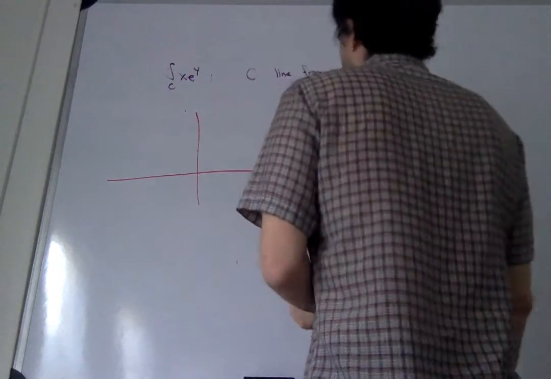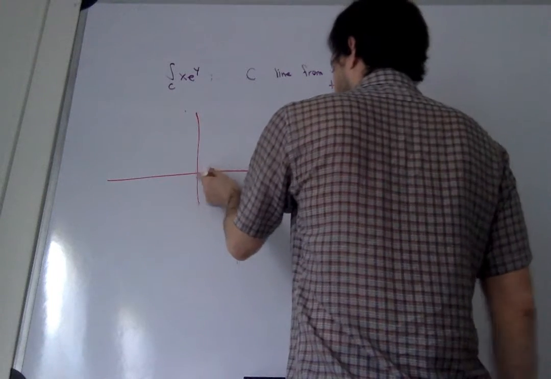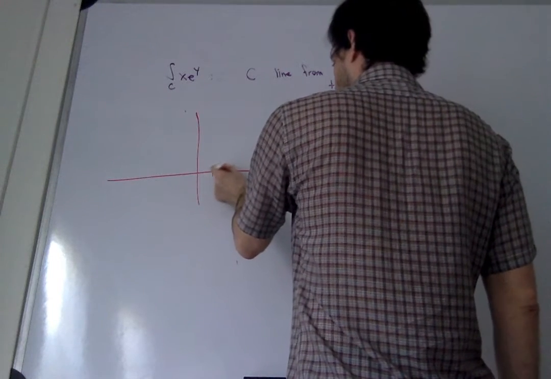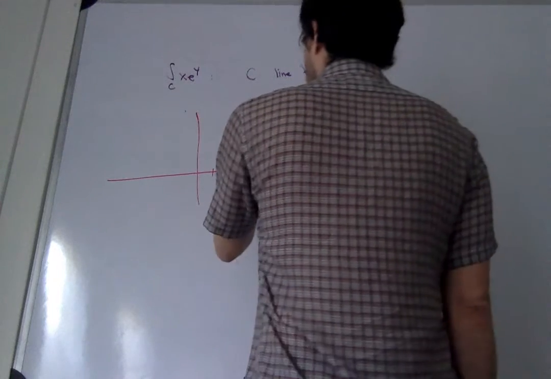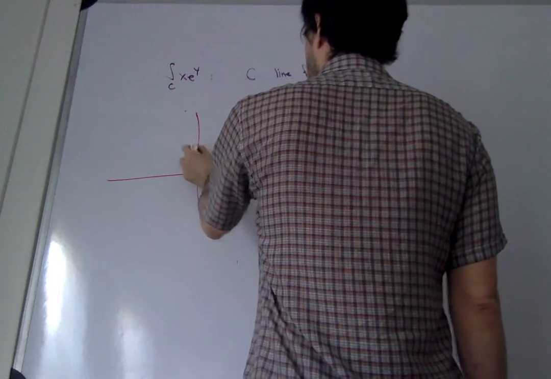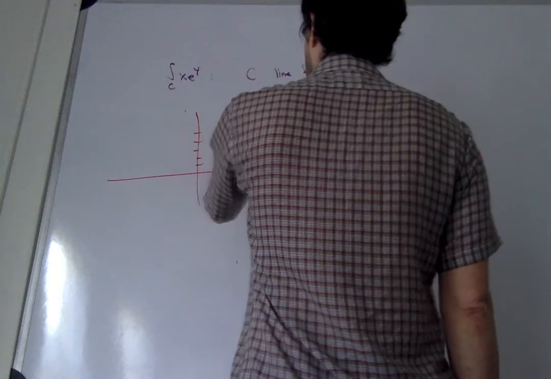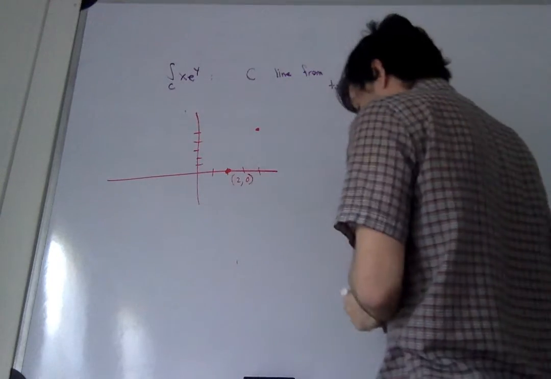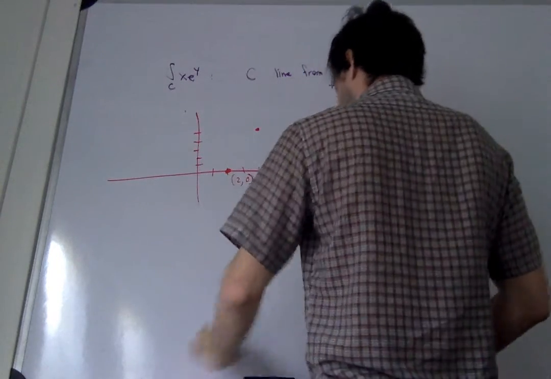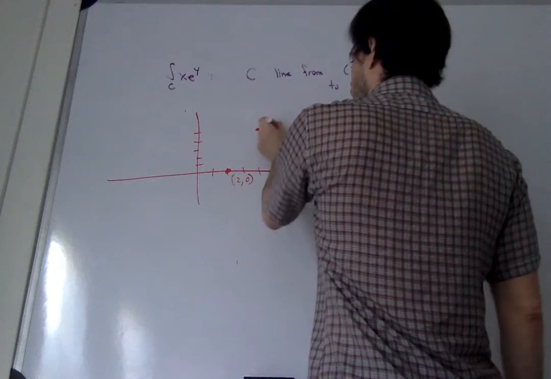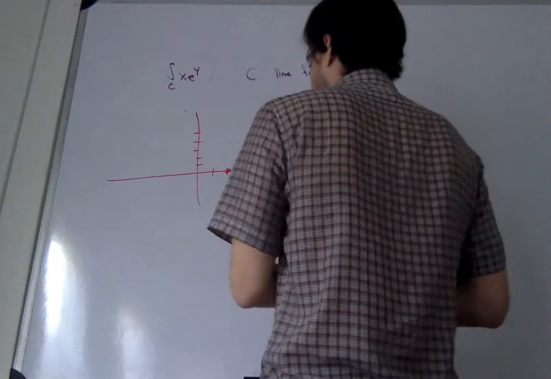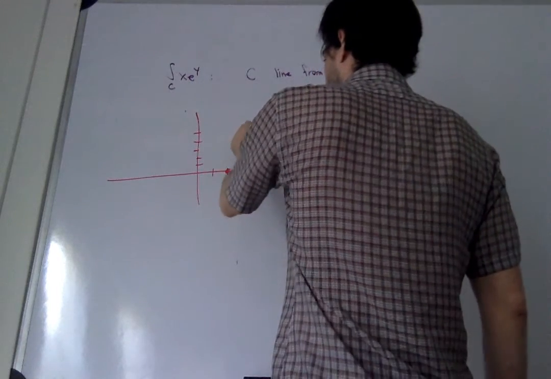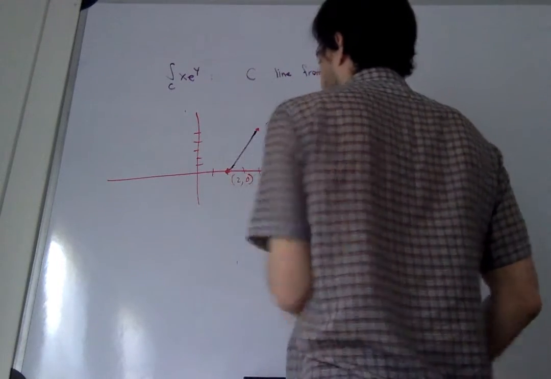Okay. So 1, 2, that's the point (2, 0), and 1, 2, 3, 4, 5. These are our 2 points, (2, 0) and (5, 4), and we are going to connect them with a line.